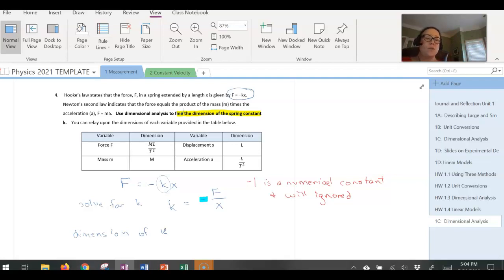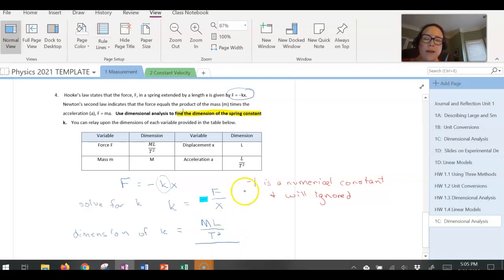So the dimension of k, which is on the left-hand side of the equation, must equal the dimension of this stuff on the right. I'm doing dimensional analysis here, so I'm going to ignore that negative 1. But the dimension of the force, F, is mL over t squared. I'm reading that from the table above.